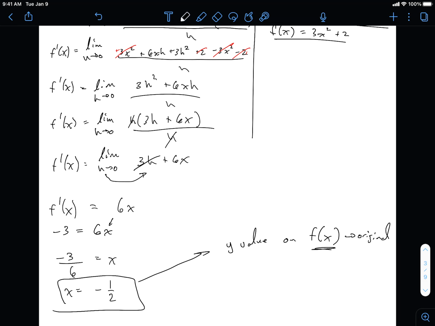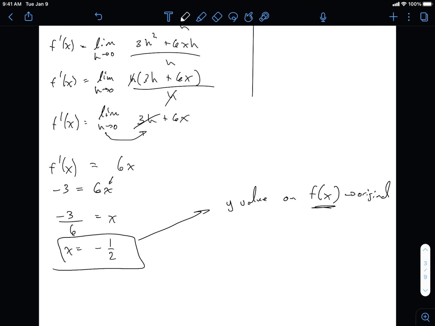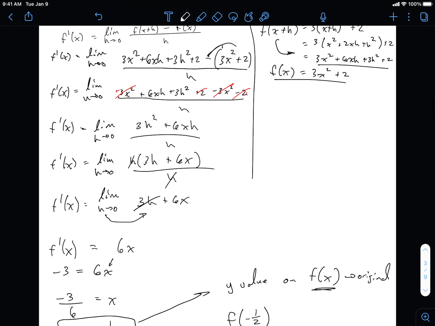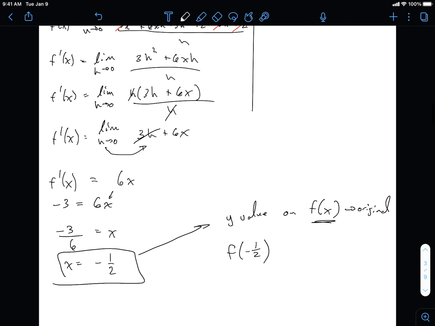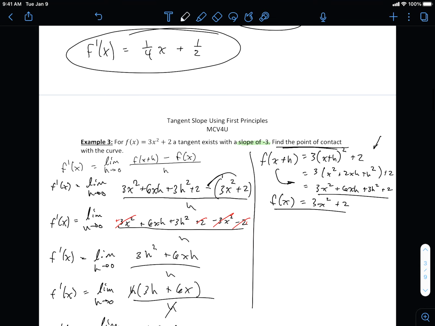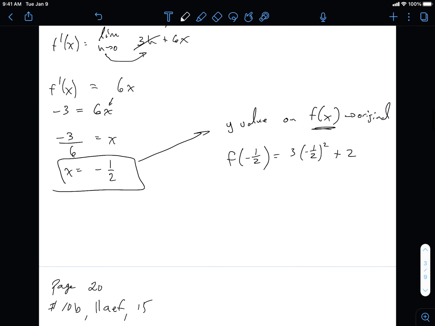So take this x value, not -2, -1/2, and you're going to evaluate the original function at -1/2. So we're going to say 3 times -1/2 squared plus 2. Is that right? Yeah.